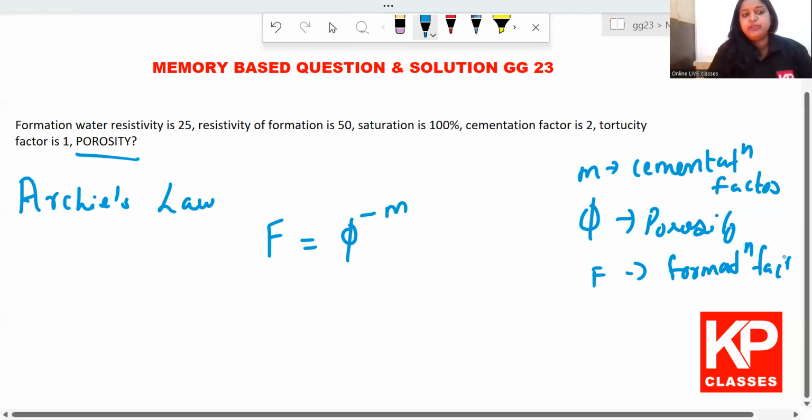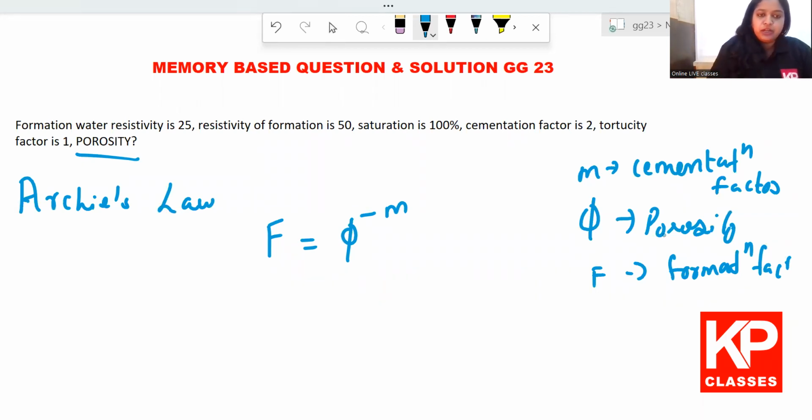Archie also gave his observation that the resistivity of the rock, if we notate it with the letter RO, and RW is the resistivity of water. Then he found the relationship between the resistivity of the 100% saturated rock having a resistivity RO, and the aqueous fluid having a resistivity of RW.